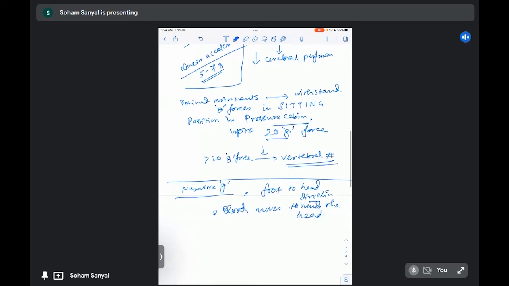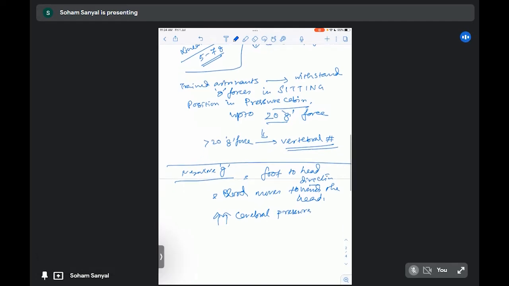So what we will be finding here, the whole thing will be just the opposite. We will be having highly increased cerebral blood pressure. Perfusion will definitely improve, but it will be exaggerated, above the critical level. So cerebral pressure, ICP, will be high and higher.